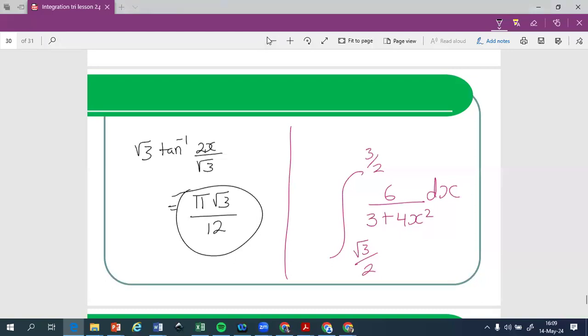I have the pi, Chanel. Okay, Chanel, what else do you have? Do you have the root 3 appearing? Do you have that same answer or is it a bit different?